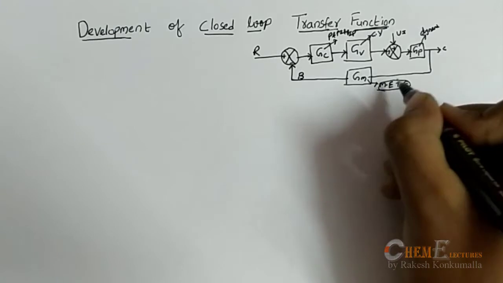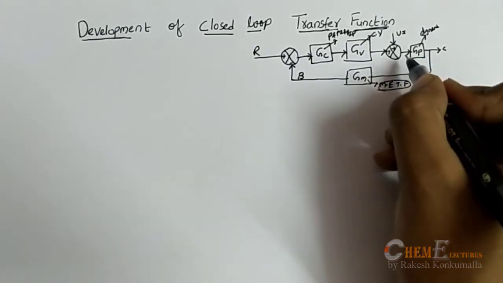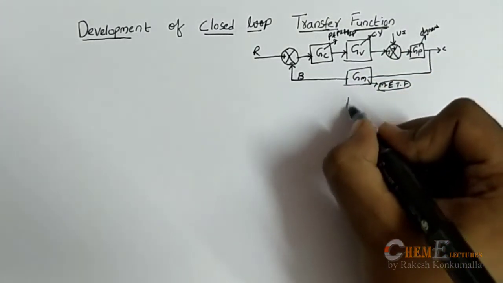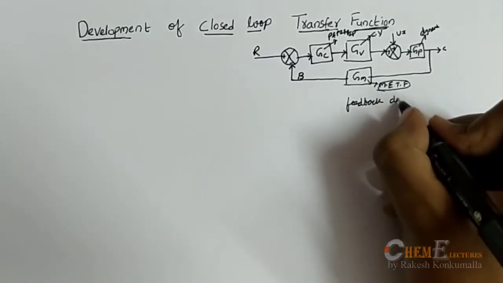And this is simple, the measuring element transfer function. So now we know each and every transfer function here, and we know how to develop this block diagram from a feedback diagram.